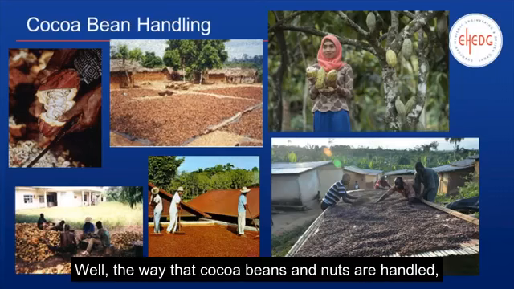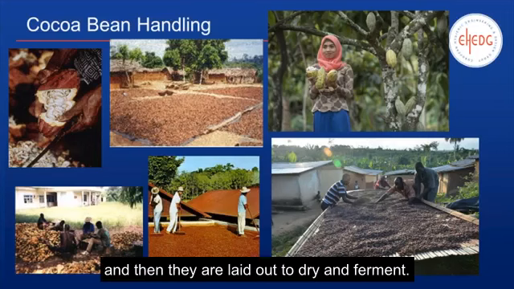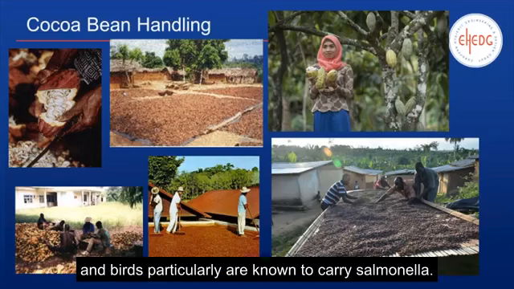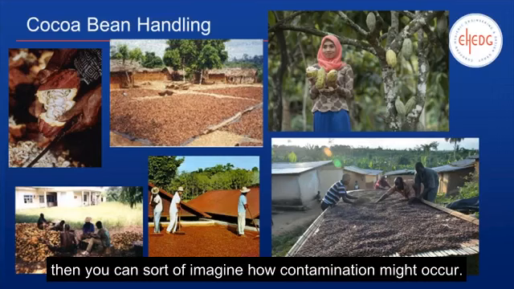Well, the way that cocoa beans and nuts are handled, really they are harvested and then they're laid out to dry and ferment. Now, you know that salmonella comes from the environment, and birds particularly are known to carry salmonella. You can see that the raw materials are laid out, so you can sort of imagine how contamination might occur.